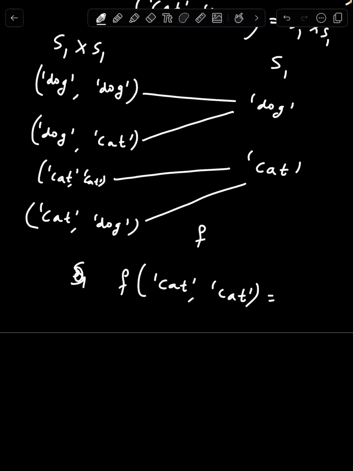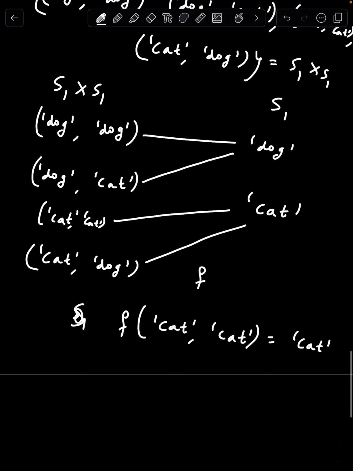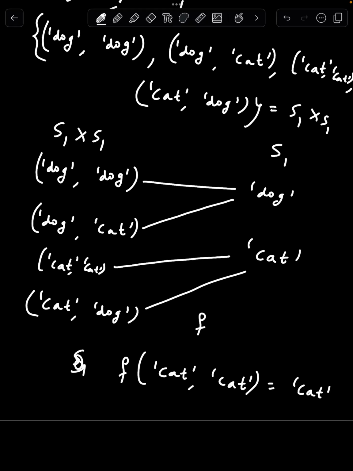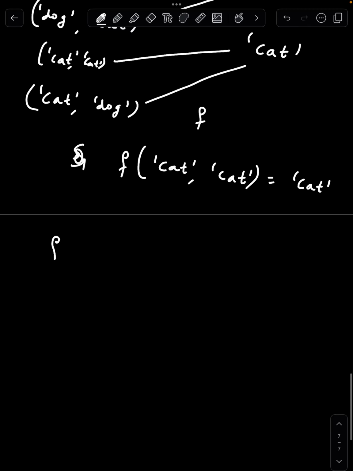Well, cat is going to cat. So we get a cat, right? So F is a function from S1 cross S1 to S1. Therefore, F is a binary operation on S1.